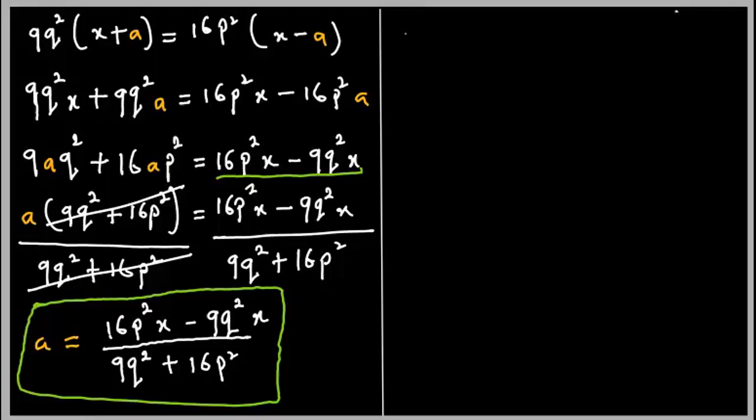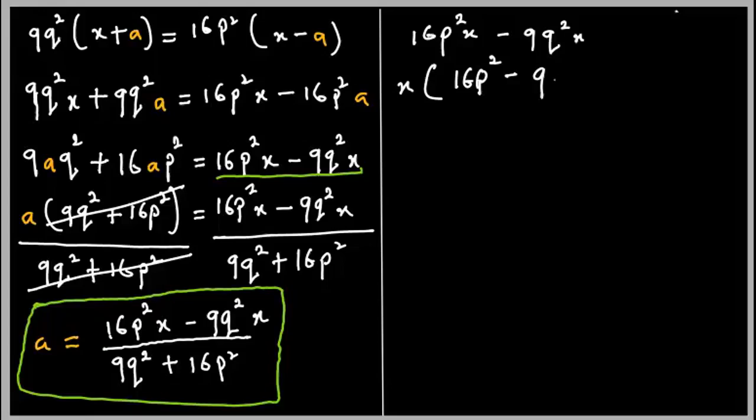Let's treat this term separately: 16p squared x minus 9q squared x. First of all, let's take out what we have in common. We have x in common, so we have x times 16p squared minus 9q squared.